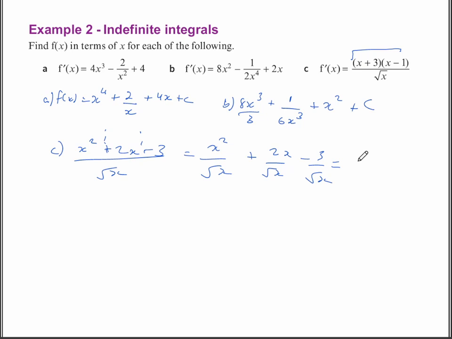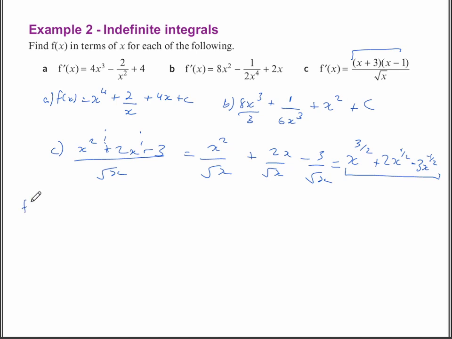And that is equal to x power 3/2 plus 2x power 1/2 minus 3x power negative 1/2. Now we have to integrate this right here to get our original function f(x).